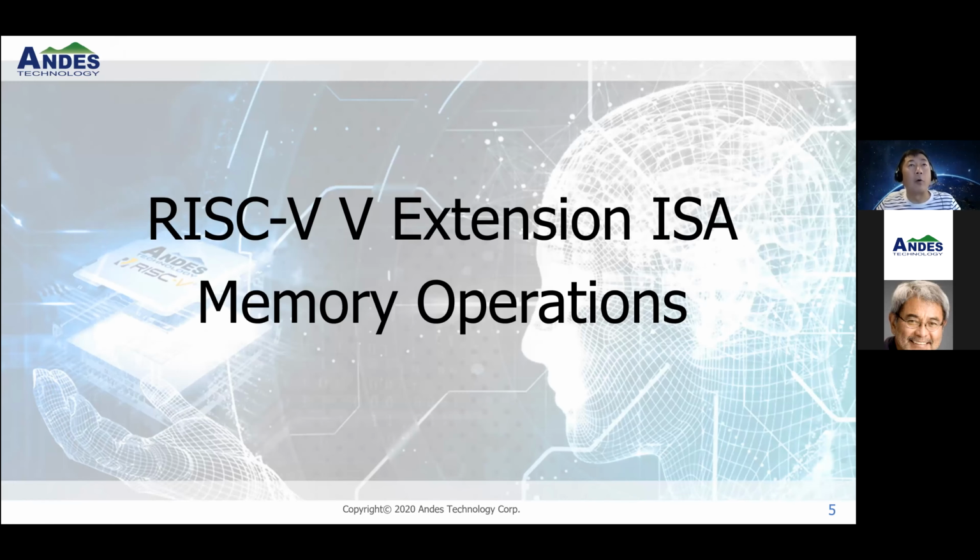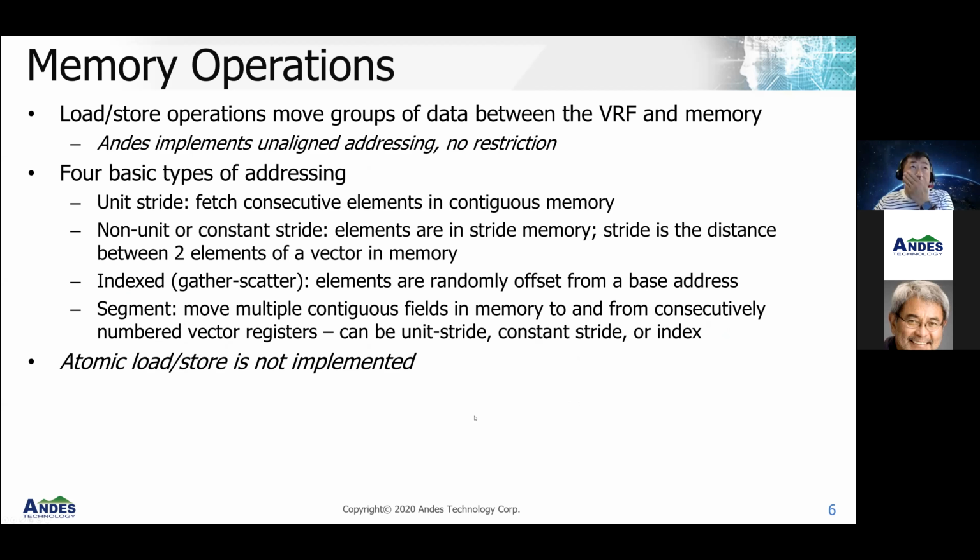Let's start with the memory operations. Load store operations move groups of data between the vector registers and memory. For Andes, we implement unaligned addressing, so there is no restriction on the alignment at all. There are 4 basic types of addressing. Unit stride is consecutive elements in contiguous memory, and non-unit or constant stride is elements in strided memory. Stride is the distance between 2 elements of a vector in memory.